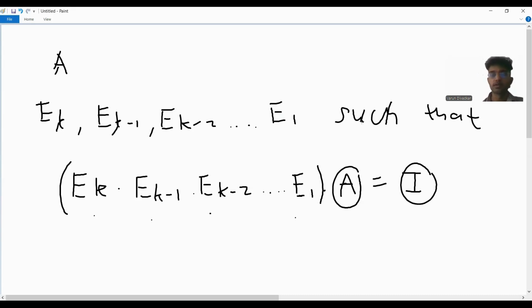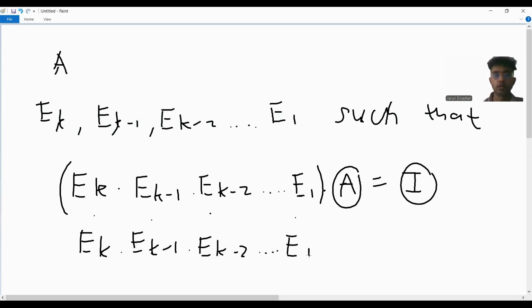Then what you would do is just multiply both the sides by A inverse. So Ek into Ek minus 1 into Ek minus 2 dot dot dot into E1 and then A into A inverse equals I into A inverse, right?